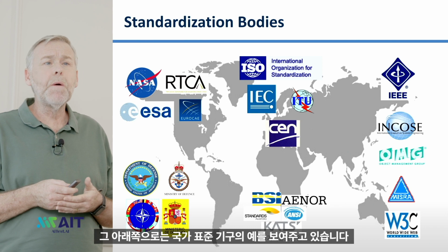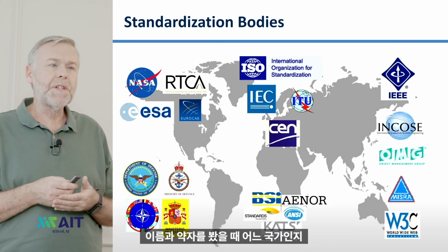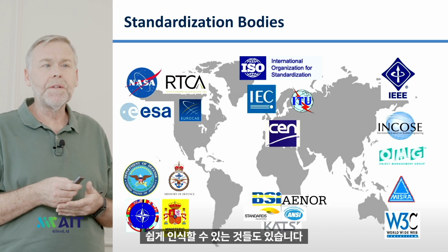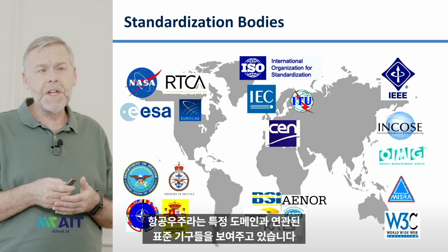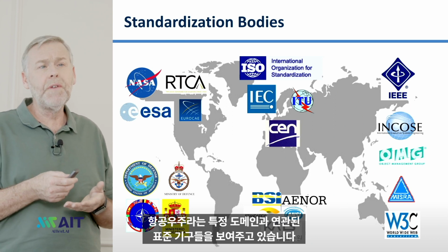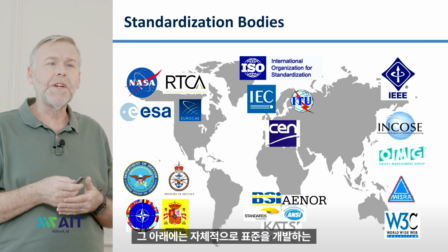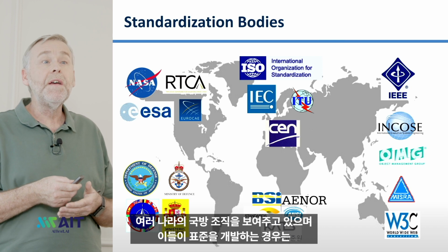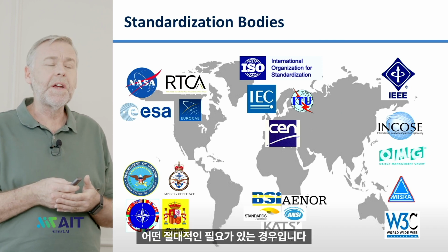Below these are some examples of national standardization bodies, some with more obvious names or acronyms than others. In the top left, we can see examples of standardization bodies associated with the specific application area of aerospace. Below them are defence organisations from various countries that create their own standards, but only where absolutely necessary.